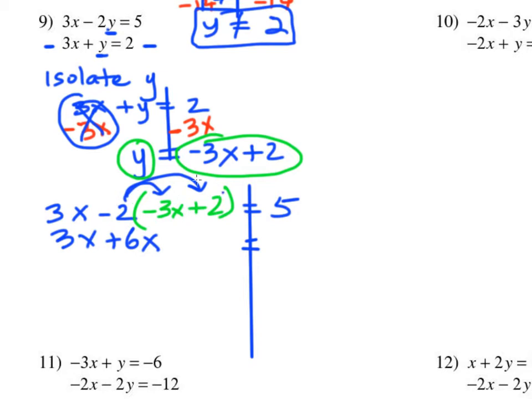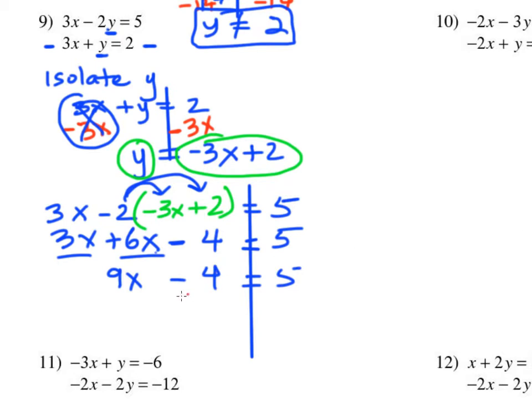And what do we have here? Negative times a positive is a negative 4 equals 5. All right, so now we combine like terms. 3x plus 6x makes 9x minus 4 equals 5.